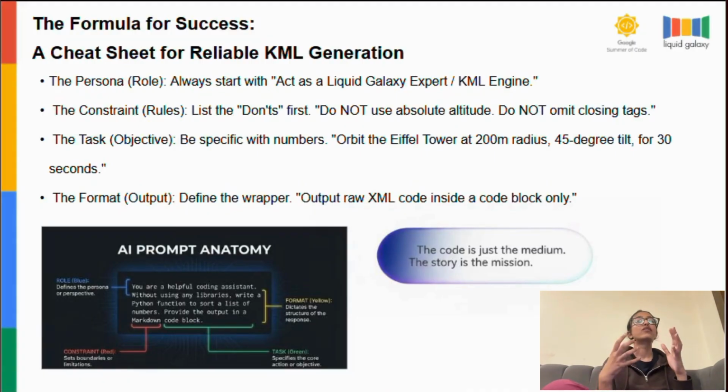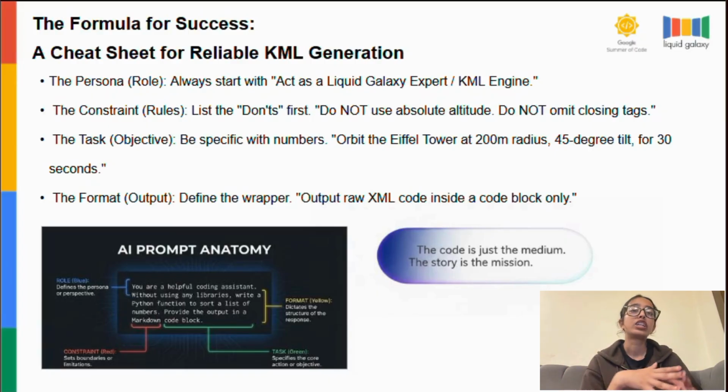Okay, the formula for success. After experimenting with all of this, one thing became very clear: reliable output doesn't come from clever prompts, it comes from structure. You always start by defining the role clearly, then you lock down the rules, especially what not to do.